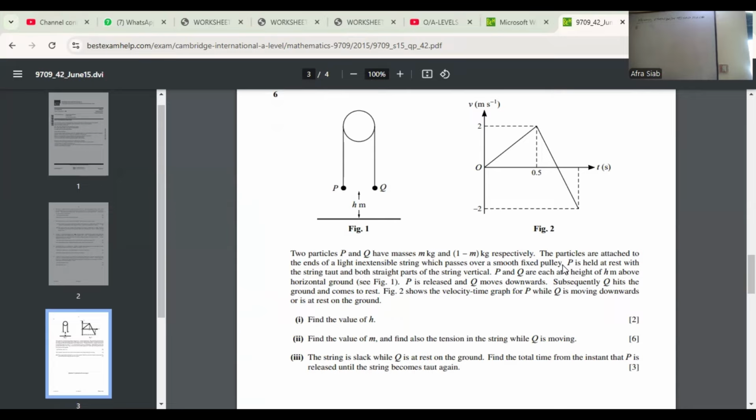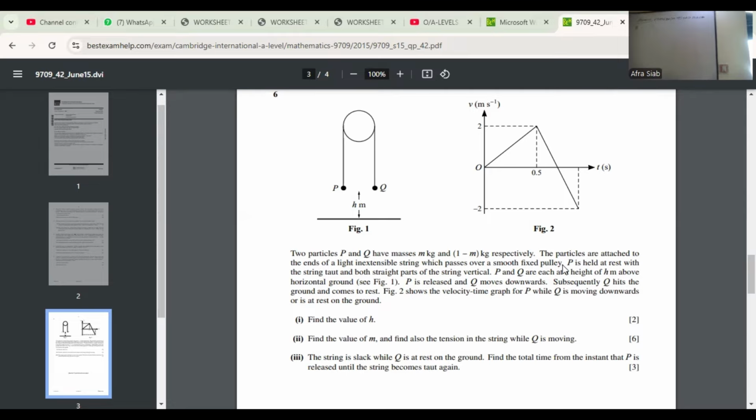The particles are attached to the ends of a light inextensible string which passes over a smooth pulley, which is held at rest with the string taut, with both parts of the string vertical. P and Q are each at a height of h meters above the ground. There is a figure given, figure 1. P is released, and Q is moving downward.